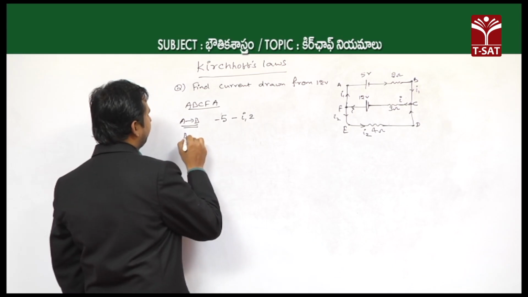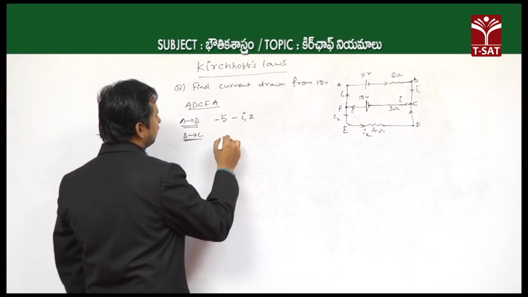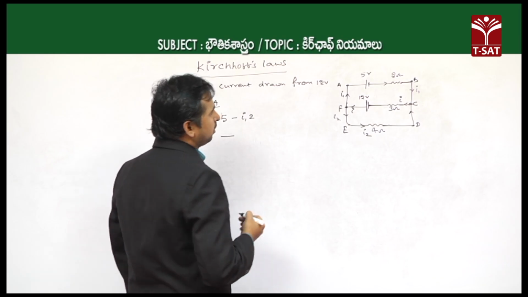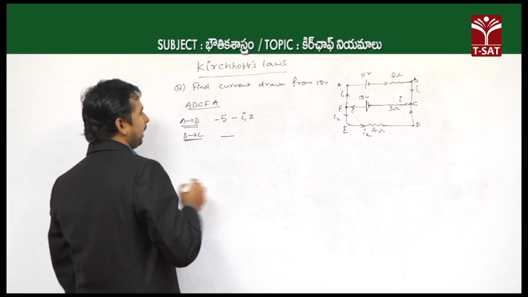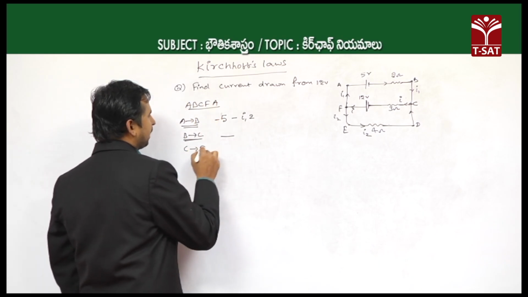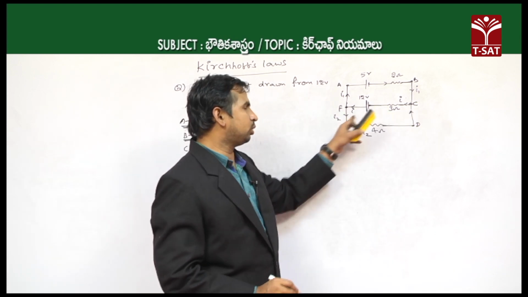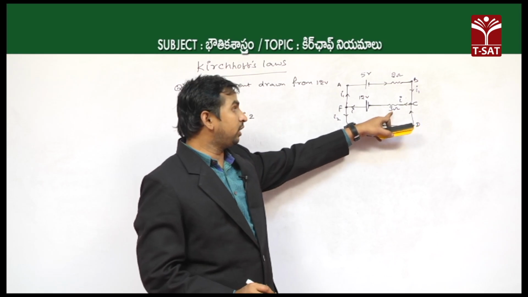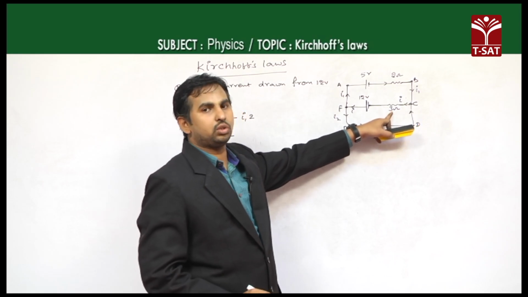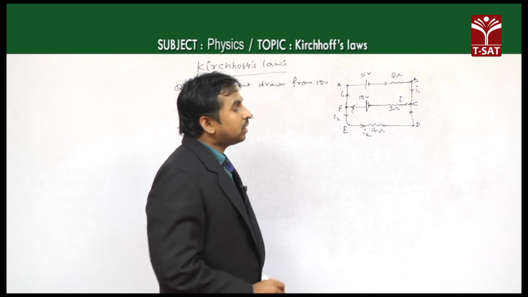Now while going from B to C, we don't have any potential drops there, so zero potential drop. And while coming from C to F, the current passing through that circuit is I, and we come across a resistance of 3 ohms, in the direction of current.